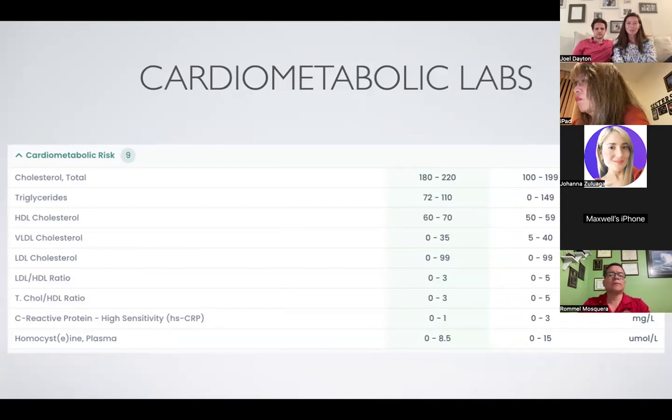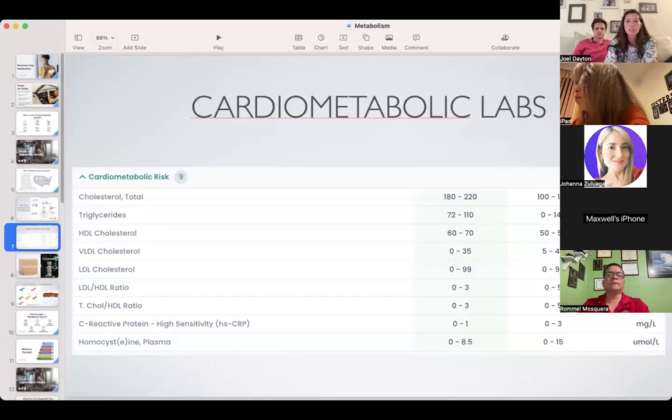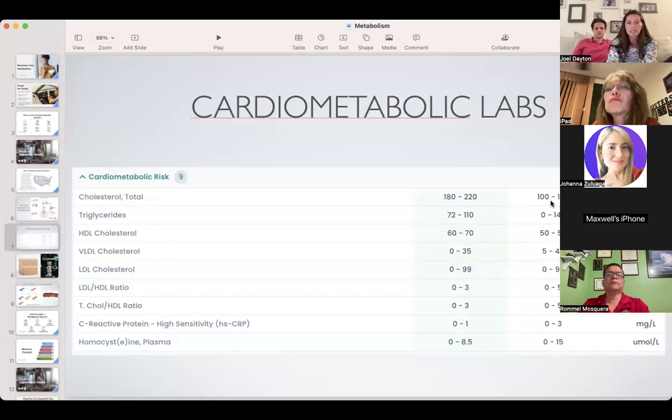If you can see there, that first one, the cholesterol. So you can see the upper range there is, I need to move this. Okay, it's got that 100 to 199 for our typical labs that we're going to be seeing in our reports that we get back. That optimal range is much more forgiving on that upper side. It's at 220. We're going to go into why, because cholesterol is a necessary chemical for our body and many different functions.